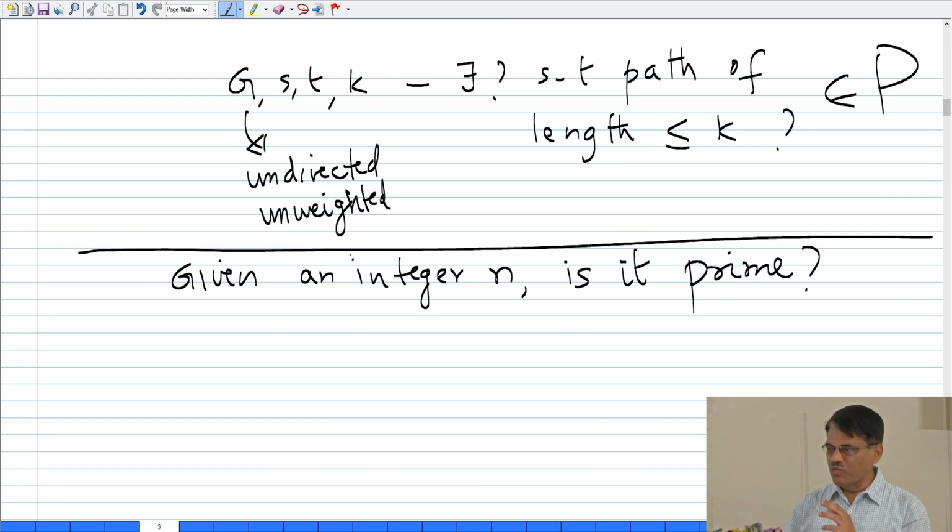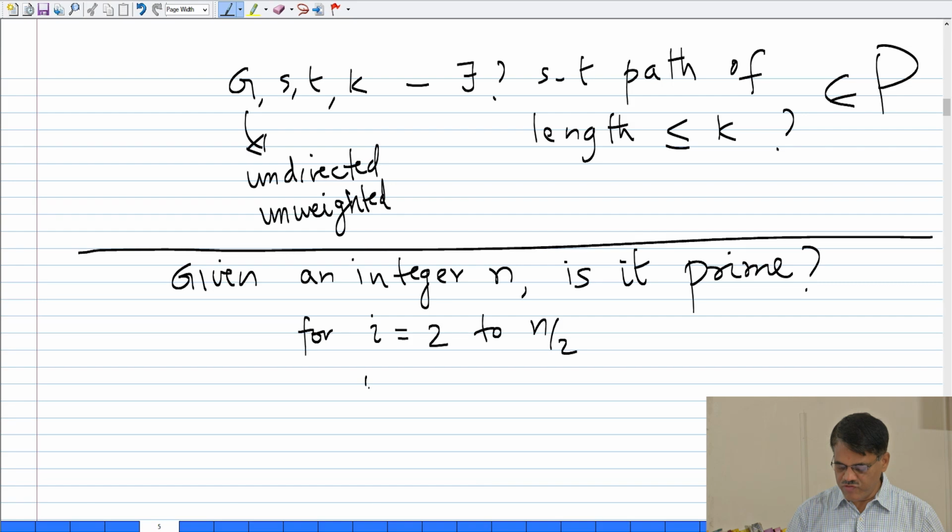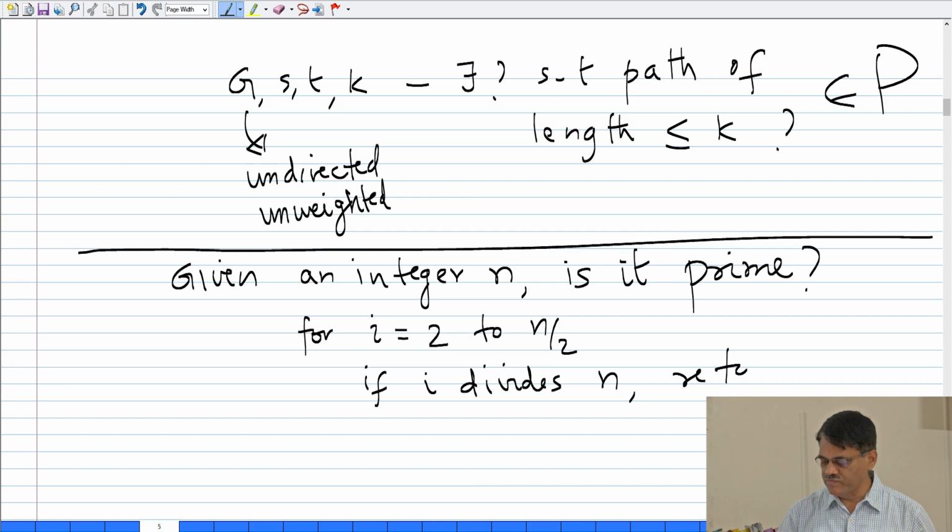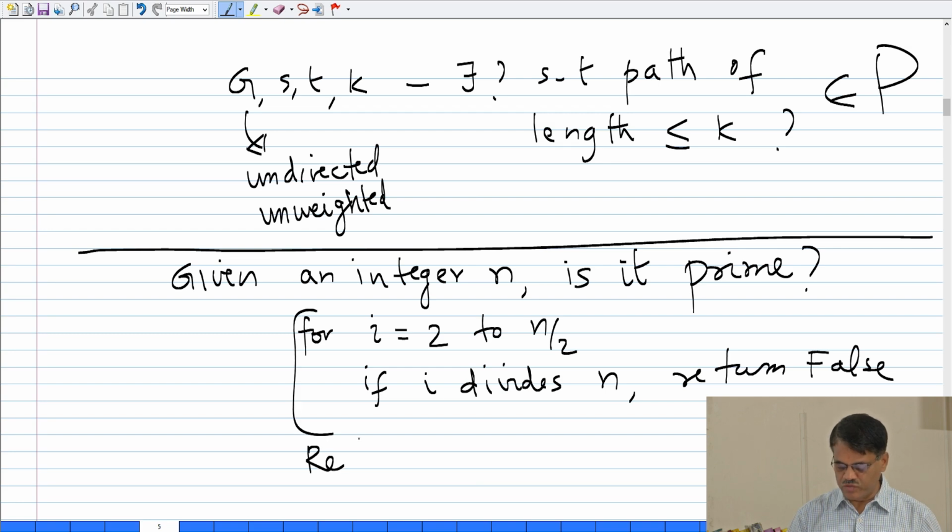Not 1, from 2 to, okay, because by definition. So for i going from 2 to n by 2, if i divides n, return false, and if you come out successfully without returning, then you return true.